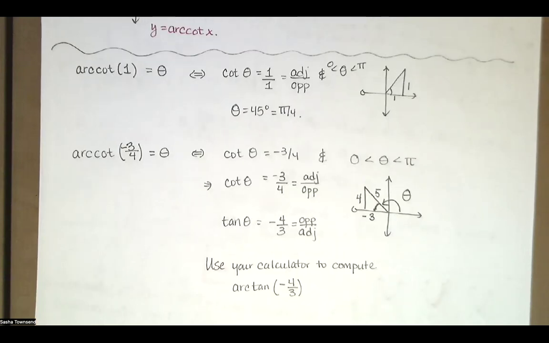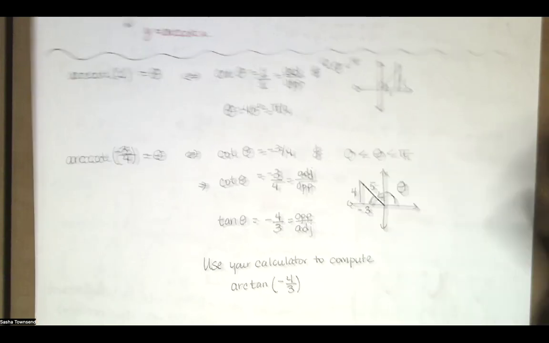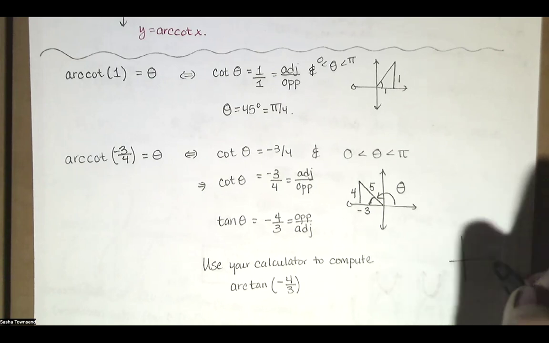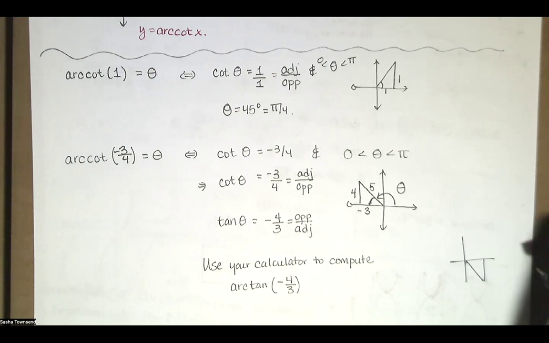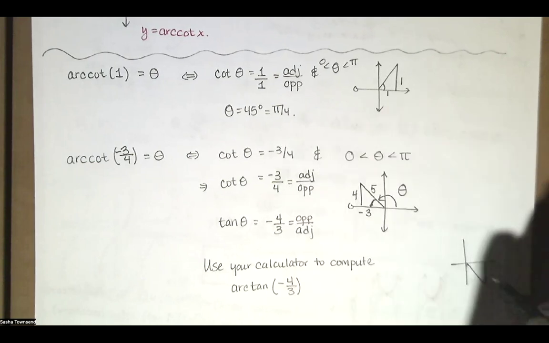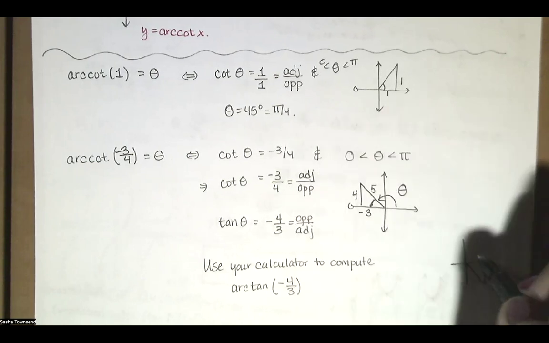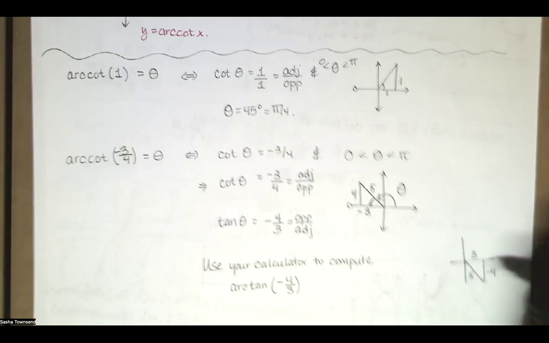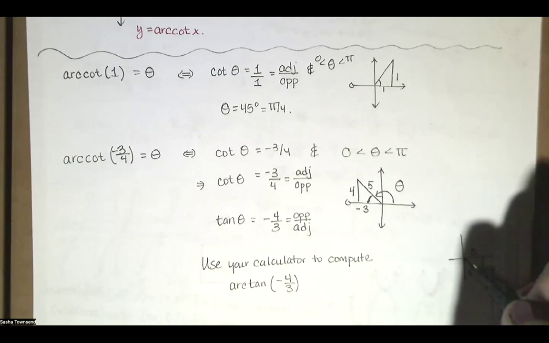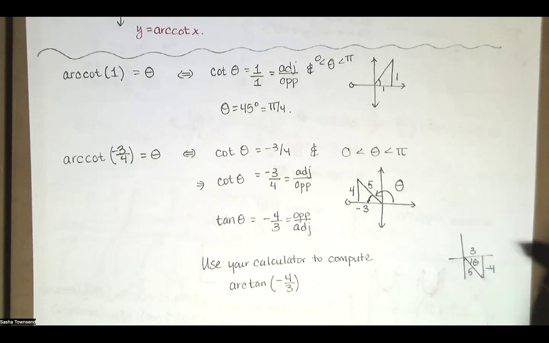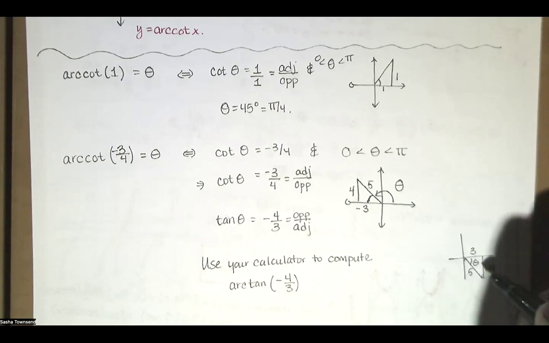Now be careful. Arctangent always returns angles in quadrants 1 or 4. So if the tangent is negative 4 divided by 3, this is negative 4, that's 3, and we still have that 3, 4, 5 triangle. It's going to give me an angle, but it's going to give me that negative angle. I don't want that negative angle.